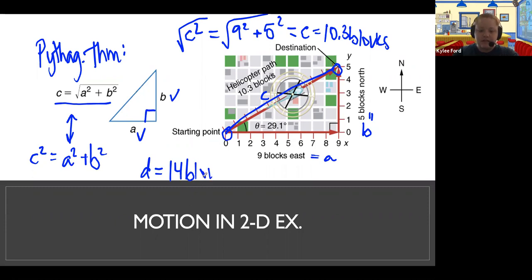Sorry, my pen is kind of acting funny. And my displacement, which we can call delta x, is displacement.